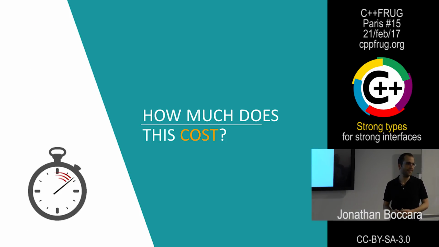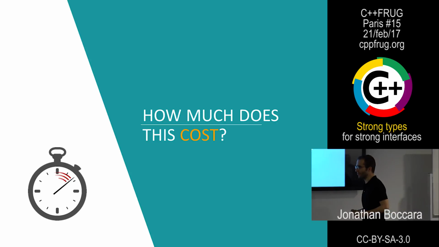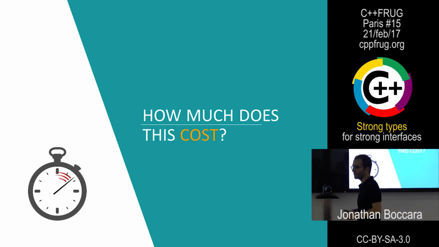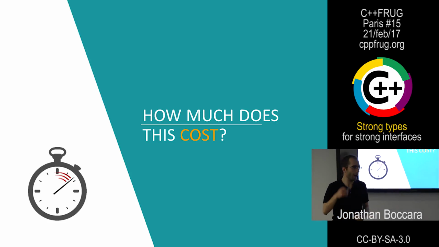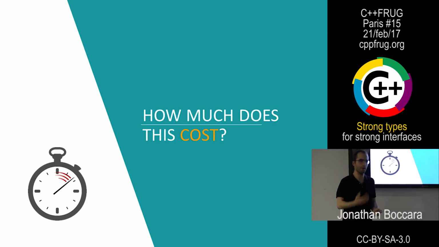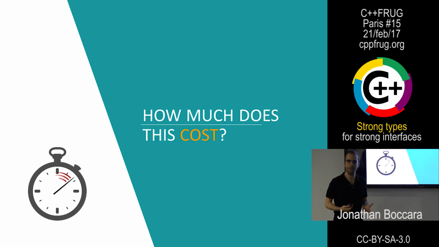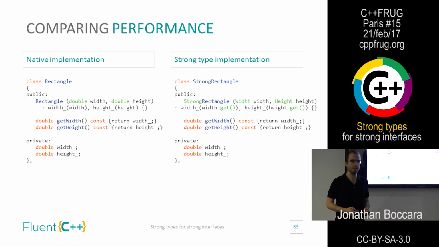Last question, the dreaded question about strong types is, how much do I have to pay for using that? I mean, I realize it brings expressiveness to my code, but does it come at a price? So let's try it out. Let's make a test.